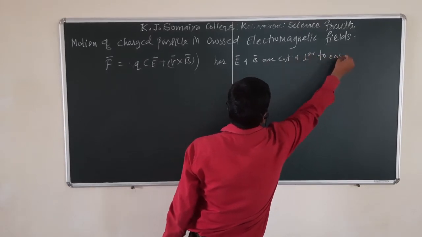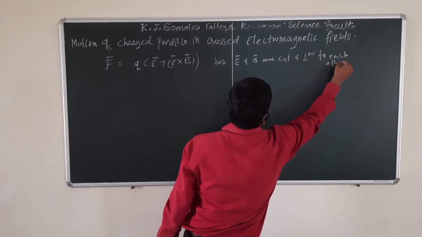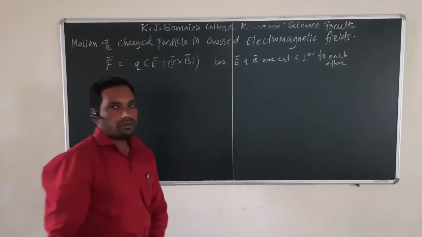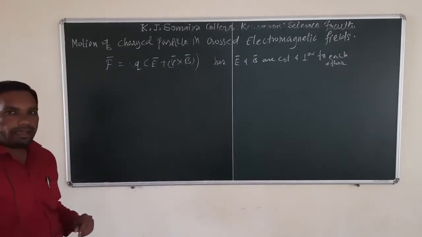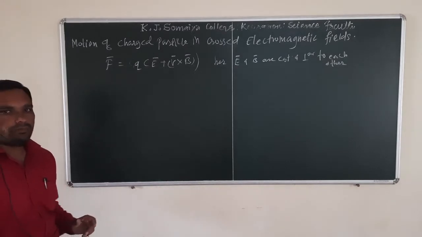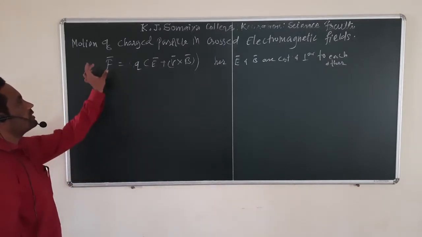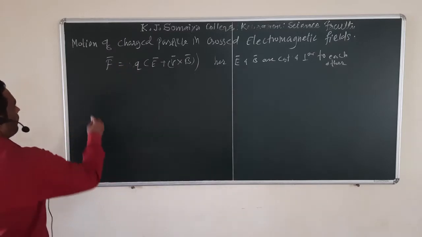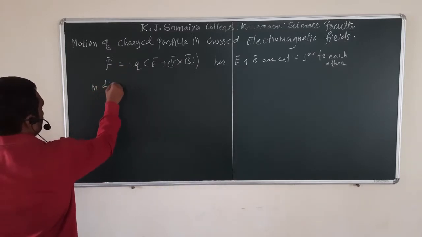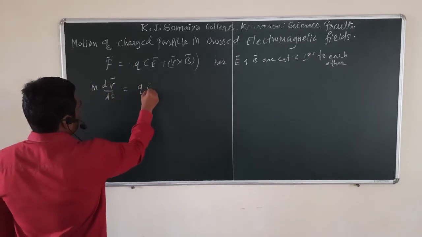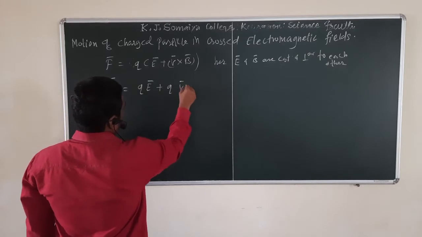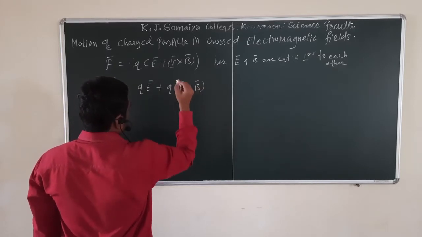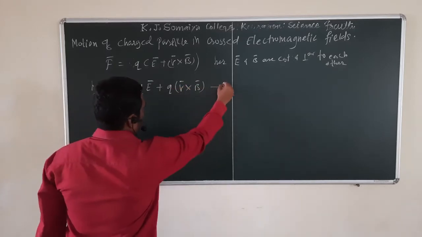If we apply Newton's second law of motion, force is mass times acceleration, which is m dv/dt. This is equal to qE + q v × B. Call this equation 1.